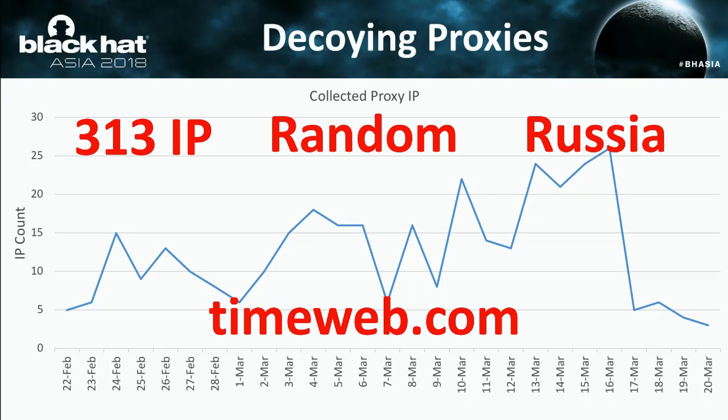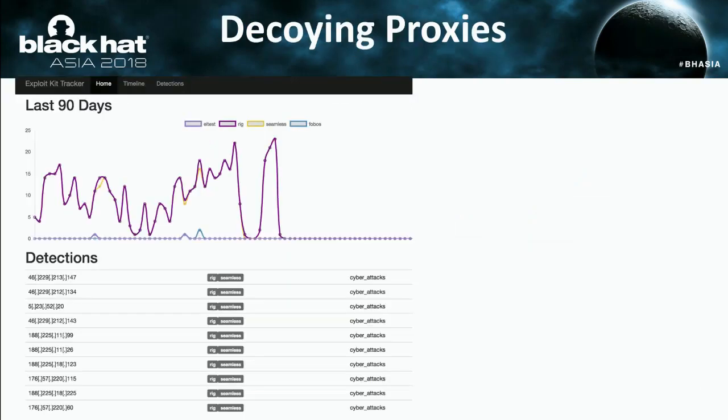So we took a look at whether all the IP addresses we collected here are also exposed or used by other attackers. We looked on the internet and found so many reports. Here in ektracker.com, the IP addresses of the proxies are shared by other researchers or other communities. This is the RIG exploit kit, IP addresses per day, and these are the actual proxy server IP addresses shared by them.